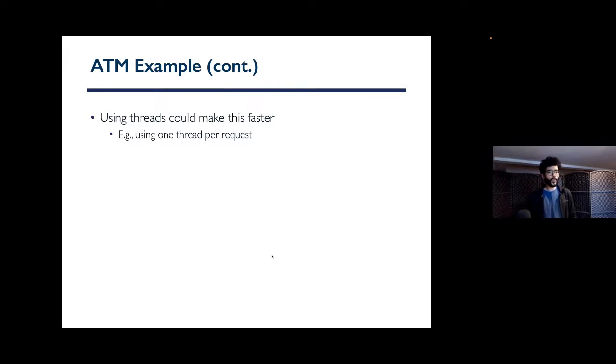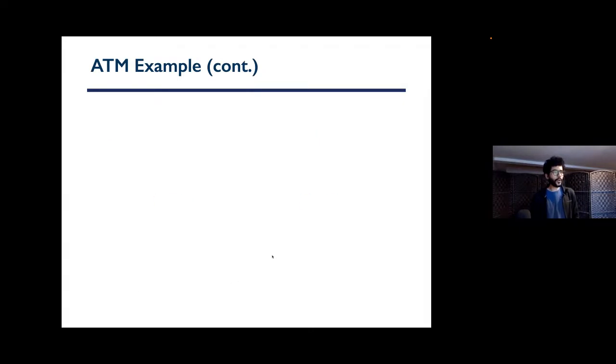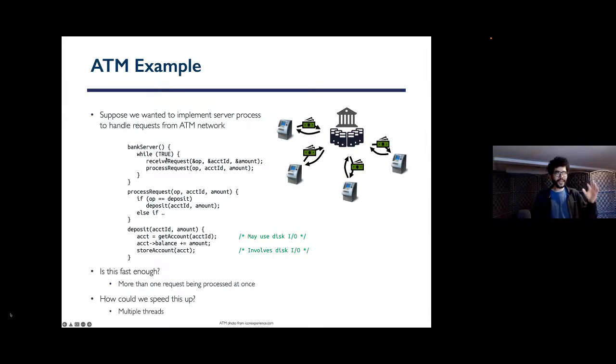Okay, how do we do that? I don't have the code, but if you remember, I had this example previously with creating connections. So instead of sequentially receiving and then processing, instead of calling process request in this while loop, we call thread create, and we pass process request as the function that this thread should run.